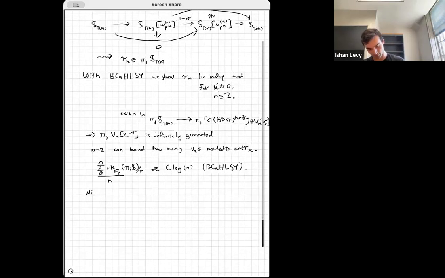And it turns out that the same thing is true unstably. So with Arone, we use some unstable homotopy theory, namely things about the Goodwillie tower and how that interacts with these telescopes. You also get a similar lower bound unstably.